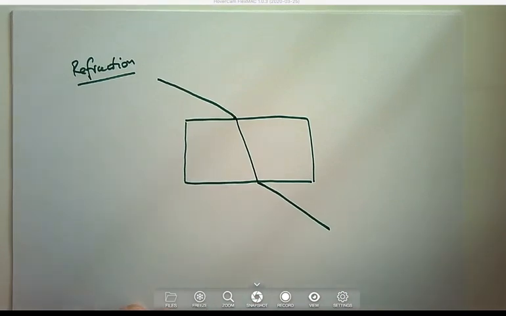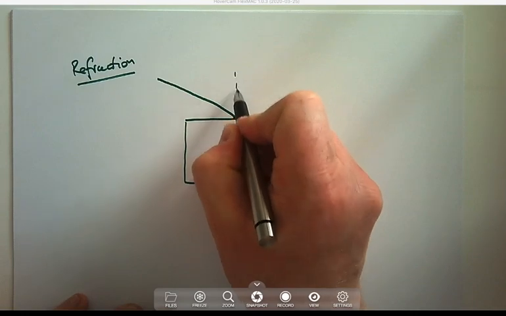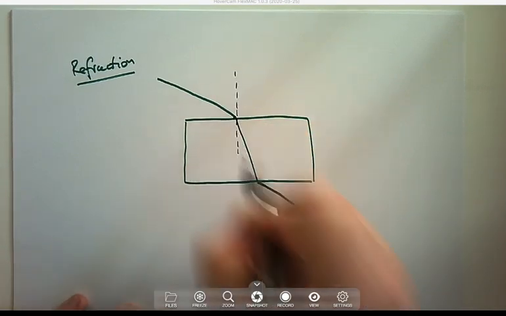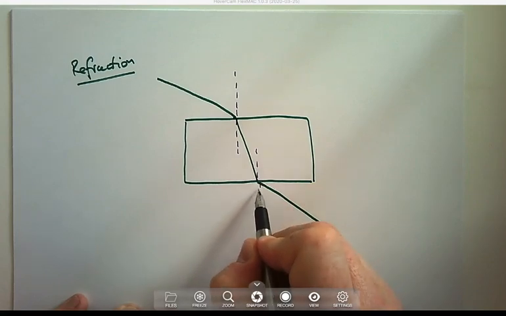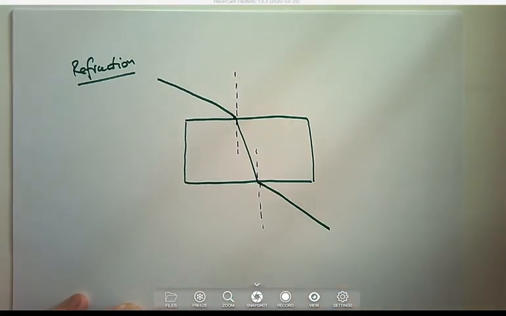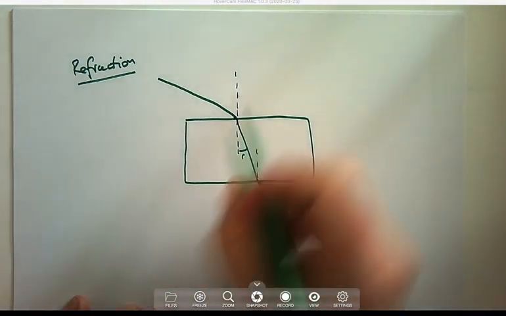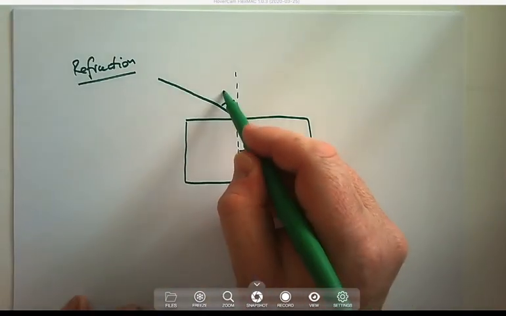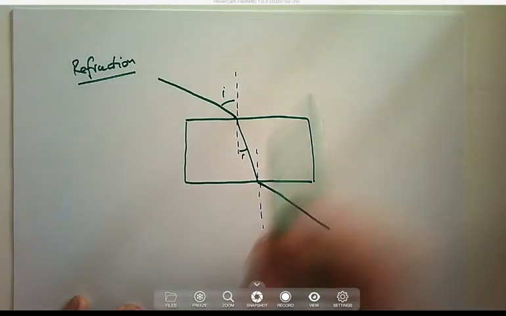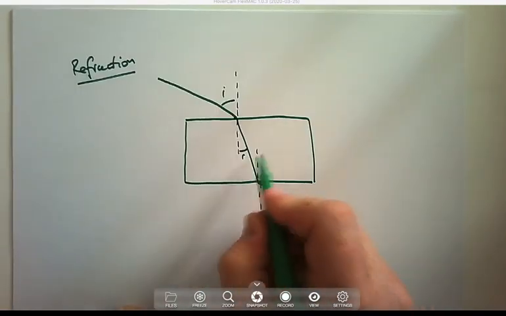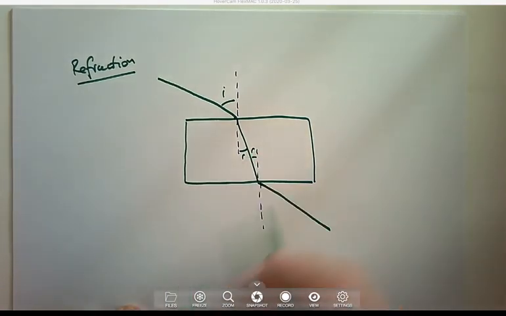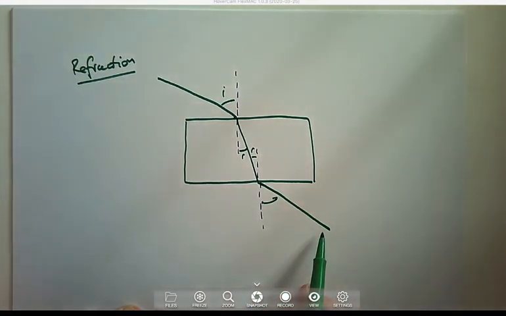Now if we put into position the normal lines, we will see that this is the angle of incidence, sorry, this is the angle of refraction, and here is R again, and here is the outward refracted ray.